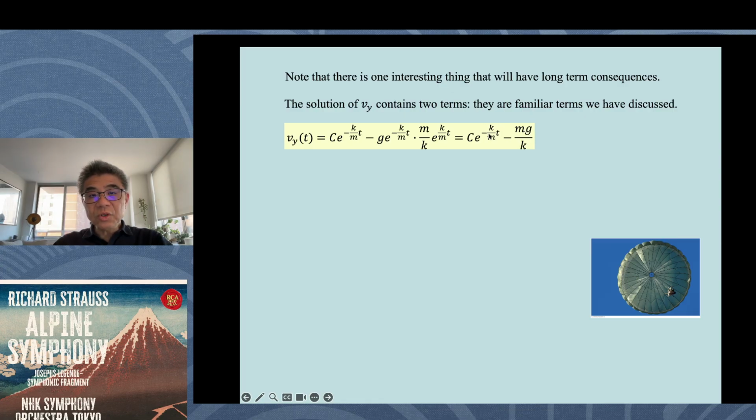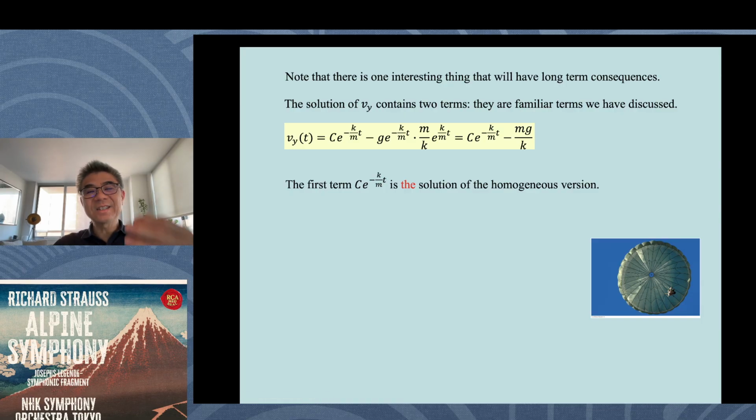Actually, this solution contains two terms, and these are familiar terms we have already discussed. The first term is actually the solution of the homogeneous version. Remember I told you that the homogeneous version of the inhomogeneous decay equation is just a decay equation.